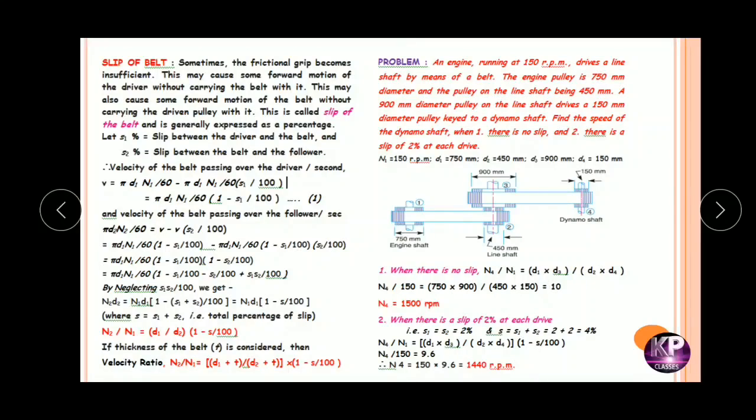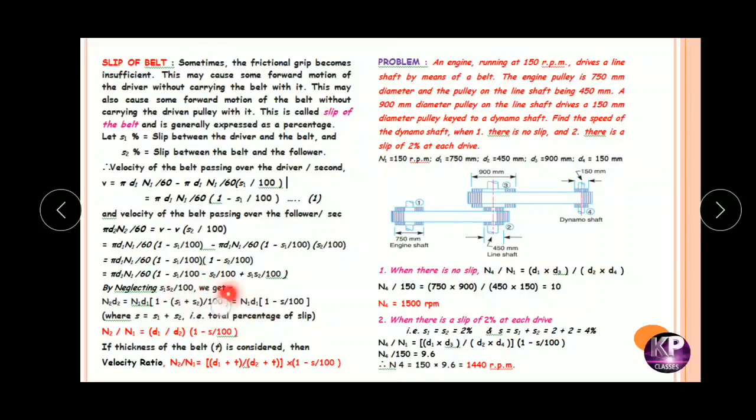Neglecting s1 s2 by 100, pi cancels, 60 cancels, remaining n2 by d2 equals n1 into d1 into 1 minus s1 plus s2 upon 100, which equals n1 d1 into 1 minus s by 100, where s is the total slip, equal to s1 plus s2.